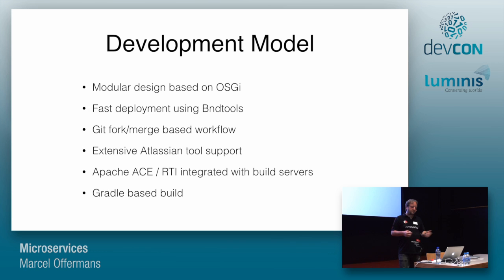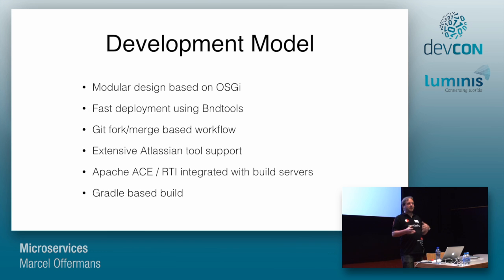We base all our stuff on Git. We have, at least in the Amdatu project, used the Atlassian tool suite for just about everything we can. And if we look at continuous integration and continuous deployment, depending on the kind of environment that you try to deploy to, we have either a solution based on Apache Ace, and there'll be a session on the Internet of Things after this one that goes into more detail about that.